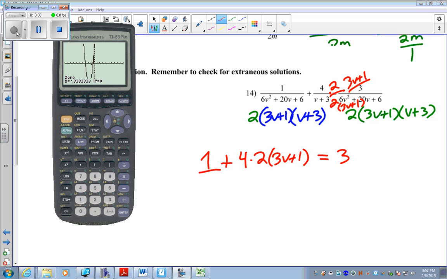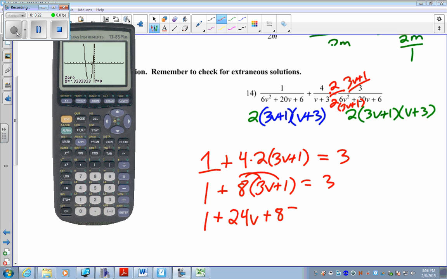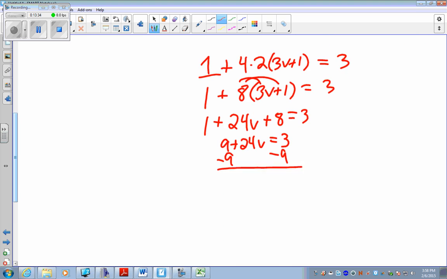Now 4 times 2 is 8. 8, multiply that in. 8 plus 1 is 9. Subtract 9 from our room. 24v equals negative 6. Divide by 24. Simplify that. Reduce it to negative 1/4.